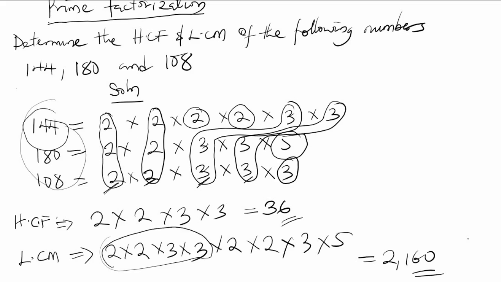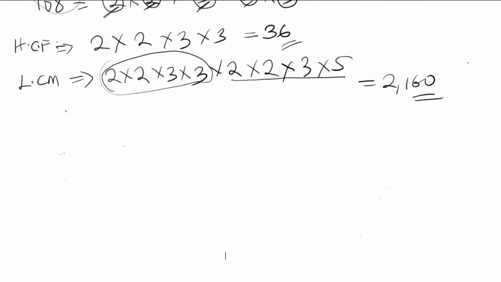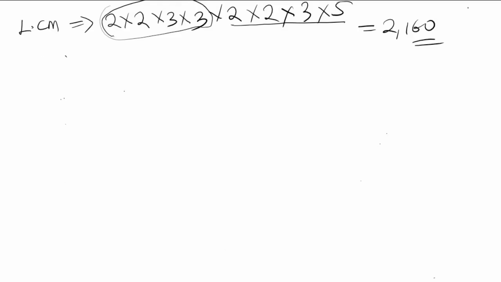Then you include these other numbers that were not in the initial mix of the HCF. You add them all up together and multiply everything, and it becomes the LCM. That is the prime factorization method. Now we are going to look at the division method.